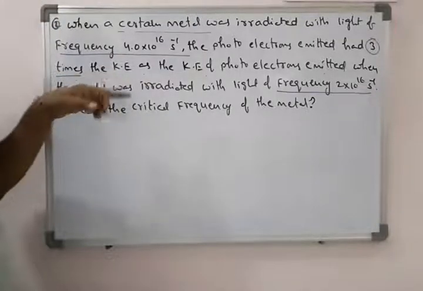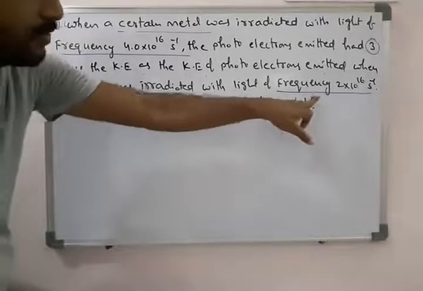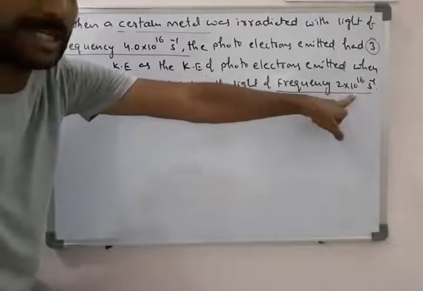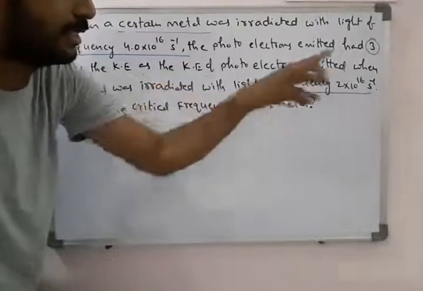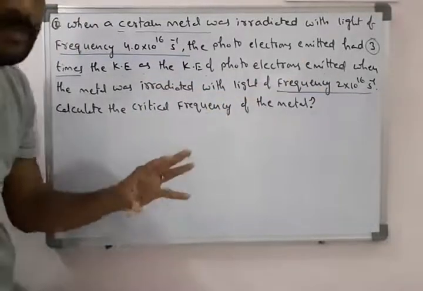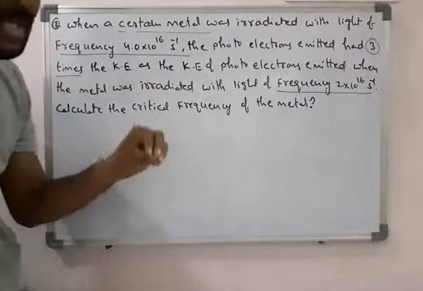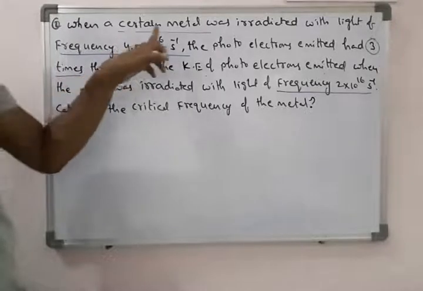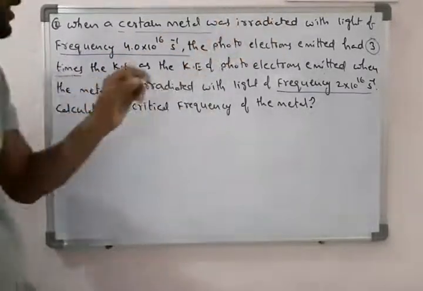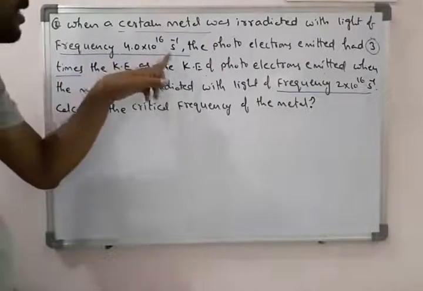Given that at first the metal was irradiated with a frequency of 2 into 10 power 16 second inverse, and the electrons released have some kinetic energy. Next, the second time the metal was irradiated with light of frequency 4 into 10 power 16 second inverse.